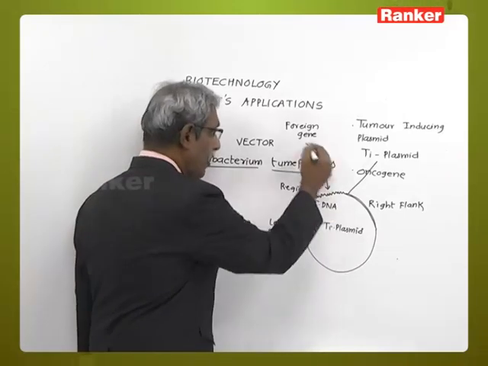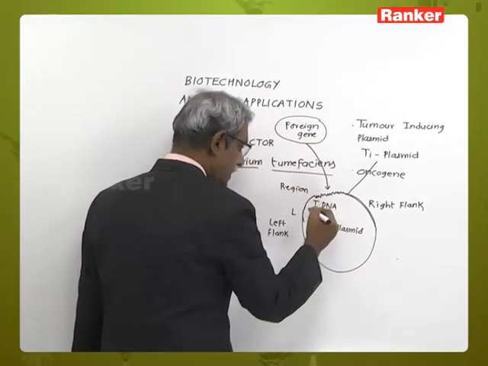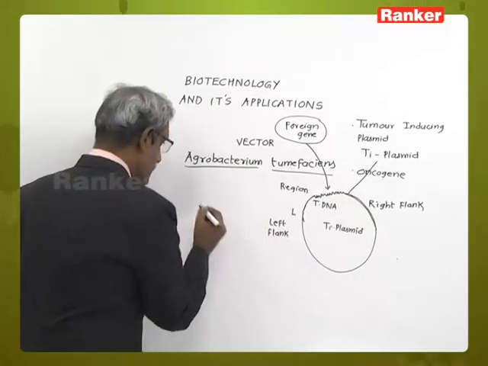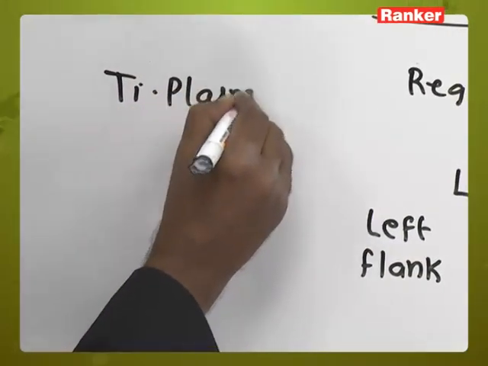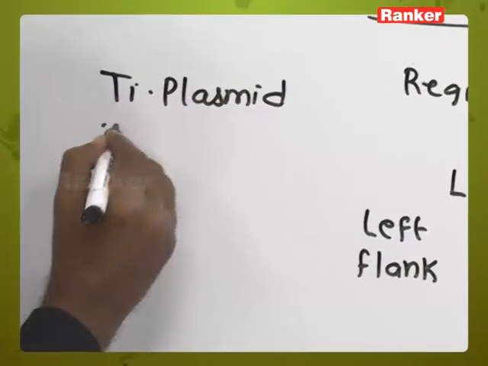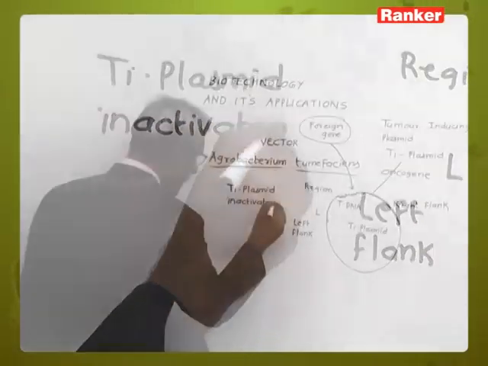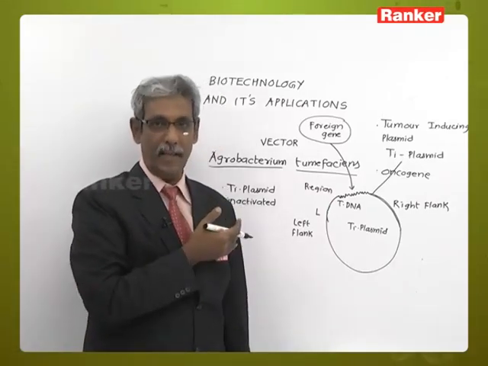So, when you have a foreign gene inserted in the tDNA region between the right and the left flank, the TI plasmid gets inactivated. Your foreign gene acts like an off button for the TI plasmid.